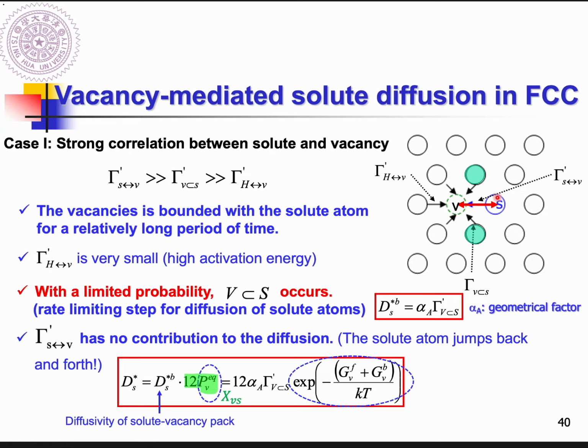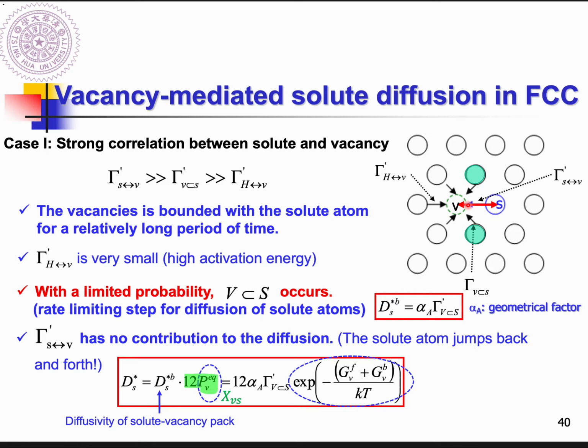And at those 12 positions or locations, the solute and vacancy will exchange location very fast. So the vacancy can show up at 12 possible locations.